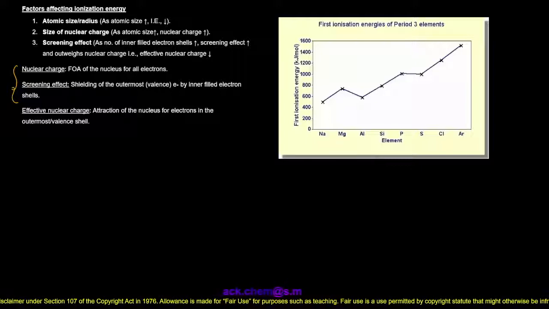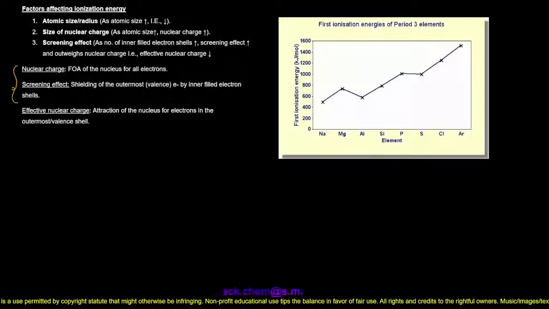So as atomic size is said to increase, meaning we have more electron shells in the atom, we would expect that ionization energy should decrease. And this is because first ionization energy looks at removing 1 mole of electrons from 1 mole of gaseous atoms to form 1 mole of ions with a single positive charge.